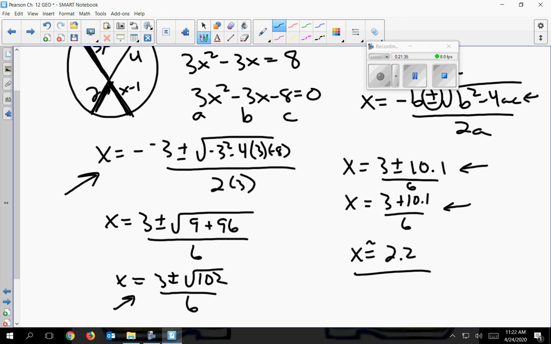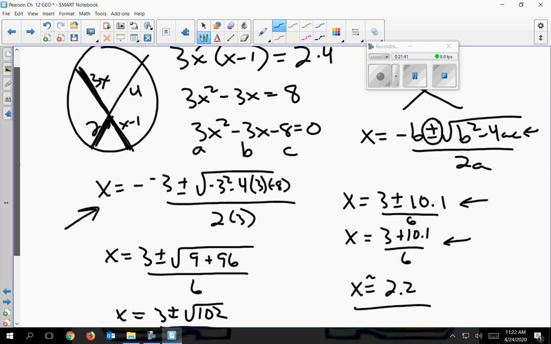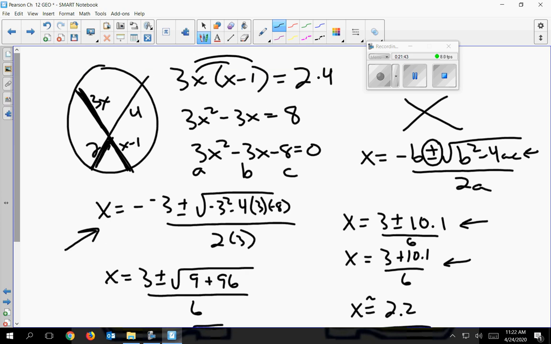Other math, we might want to have you go out a little bit further, but for what we're doing, this is okay. Okay, so that represents X. If I go back into your circle and I plug it back in here for 3X, I'm going to get about 6.6. And then if I plug it back in here, I'm going to get about 1.2.